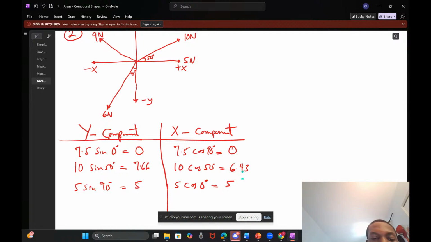So now let's go to the next one, 6 newtons. We're going to use the angle facing from here to here, right? So we already know this one is 45 degrees, which is half of 90. 90 minus 45 will still give us 45. This is facing the negative side of the y component, so this will be negative 6 sine 45.